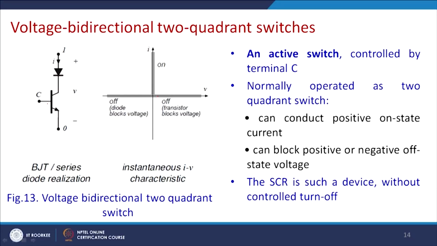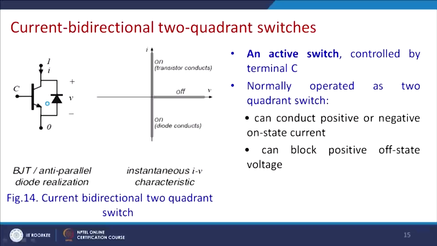One example will be SCR, but the problem of SCR is that it is a semi control switch. Turning on is in your hand, but turning off is not in your hand. Generally this kind of switch is used in current source inverters.